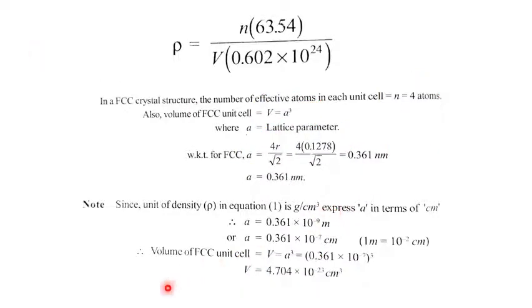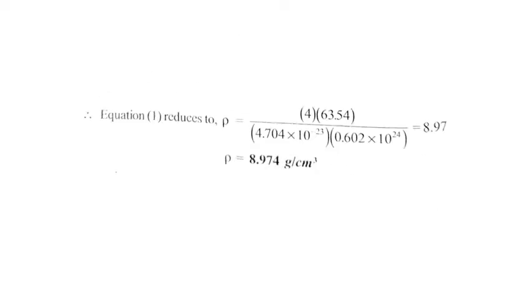okay. So once you find out the V, so V known, n known, so everything is known here. So now substitute everything here. So 4 into A, okay, so this is the V what we found in centimeter cube and this is the Avogadro's number. So you will get 8.97 gram per centimeter cube.